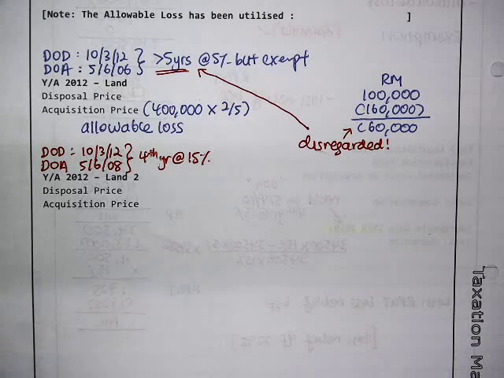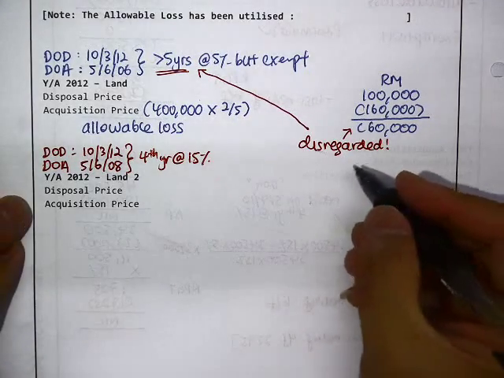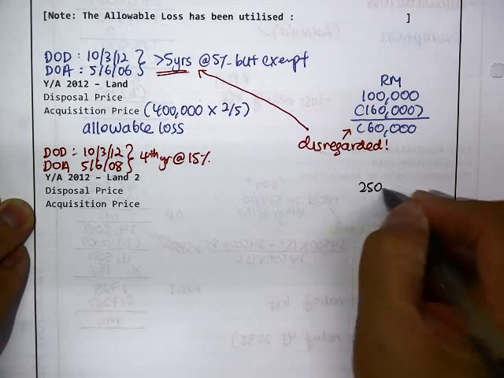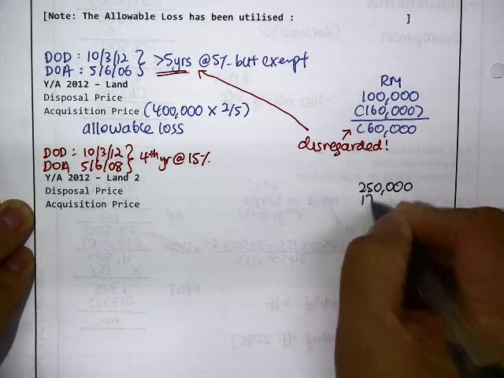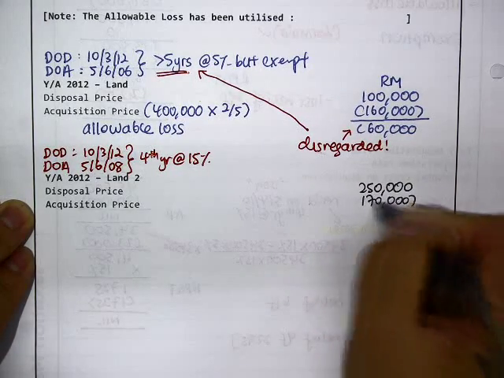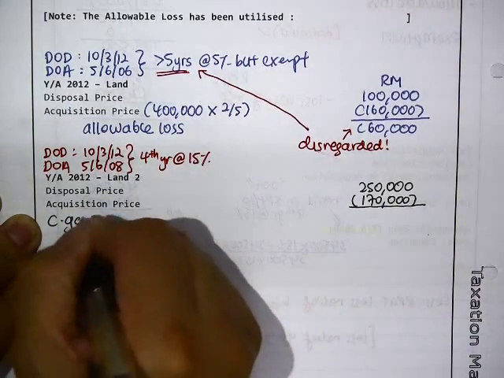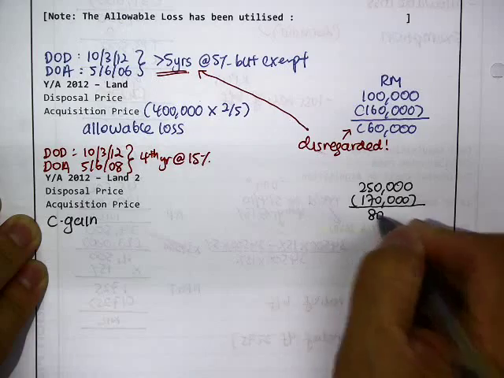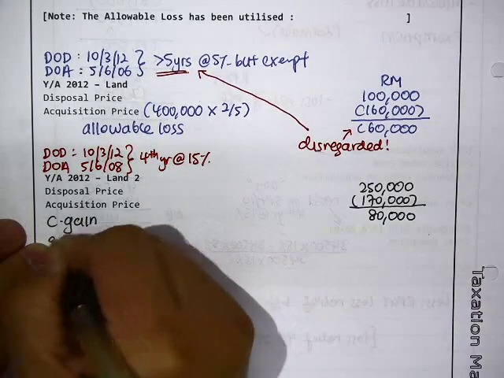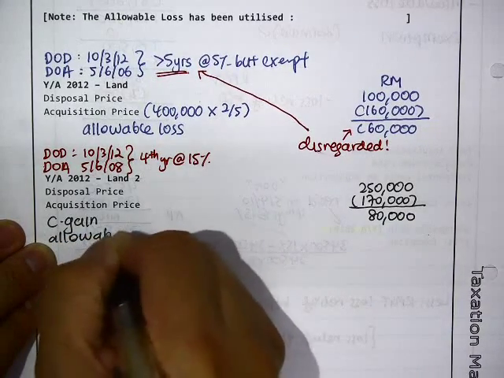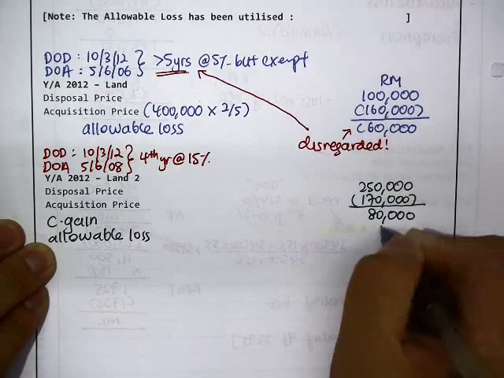Anything after 5 years, the loss is disregarded. You're just going to ignore it, okay? That's it. It's nothing you need to do. Ignore it.